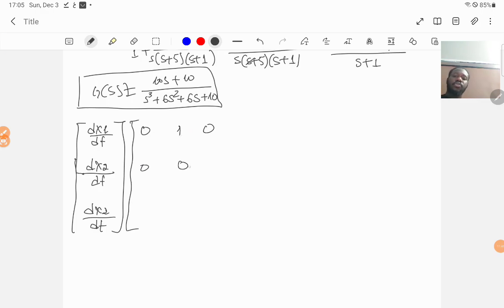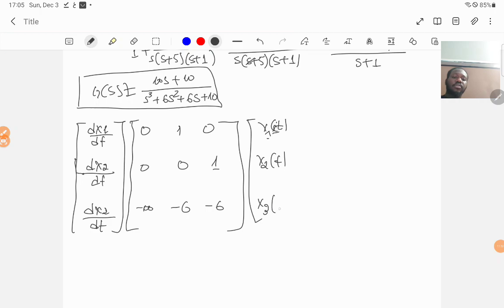Here we have 0, 0, 1, and here we have minus 10, minus 6, and minus 6. This x1(t), x2(t), and x3(t). What about u(t)?